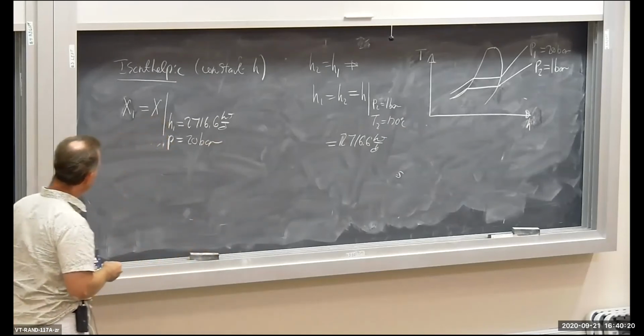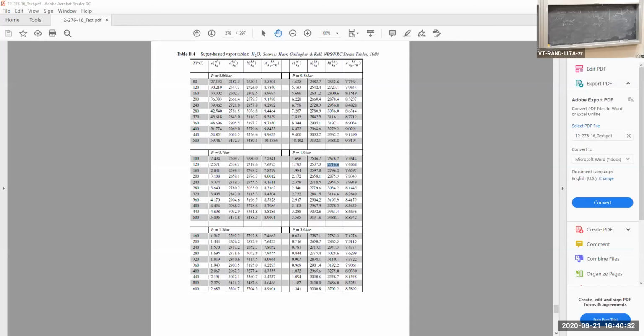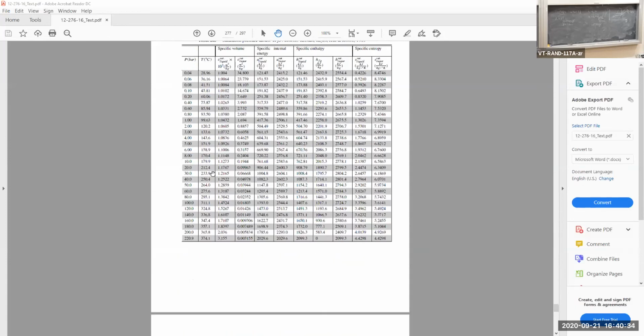Okay? Let's check H for a saturated vapor at 20 bar. What is the specific enthalpy? Let's see if we are above or below it. Let's see here, pressure table, 20 bar. Specific enthalpy, 2799.5. That's for the saturated vapor at 20 bar.